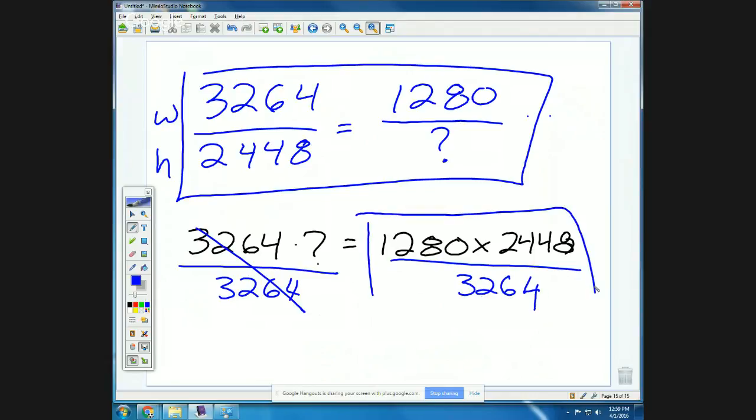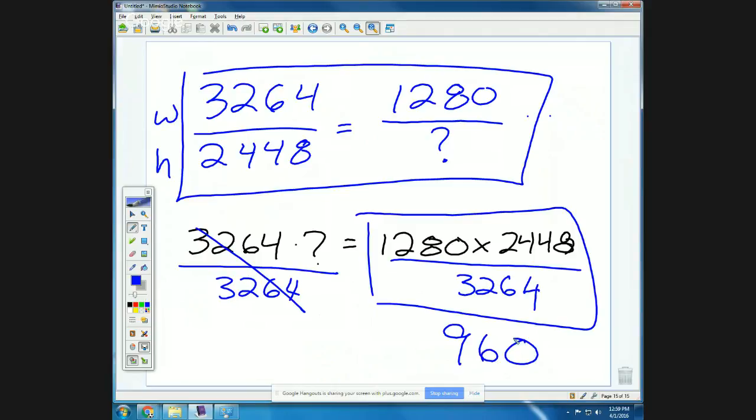So that would be the final calculation that's going to lead to the correct height. Anyone got a number for that? 960? Okay, so my screen is taller than the image proportionally.